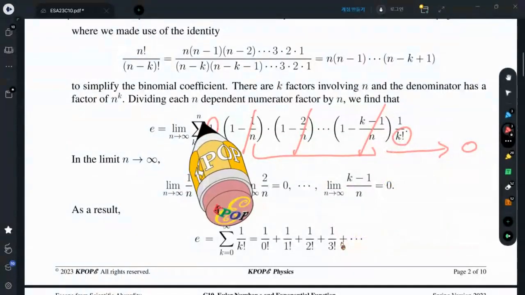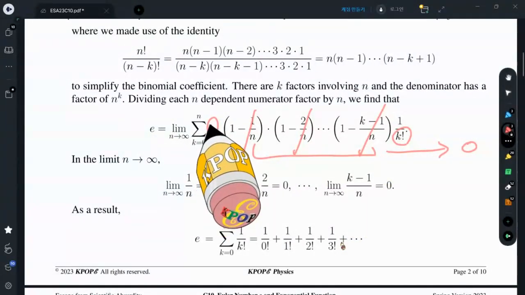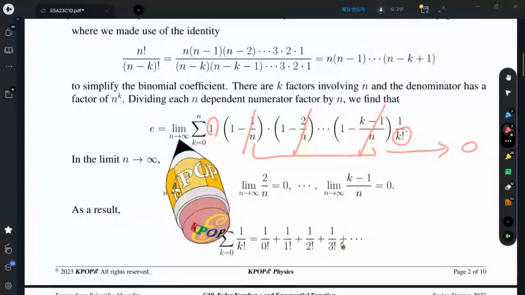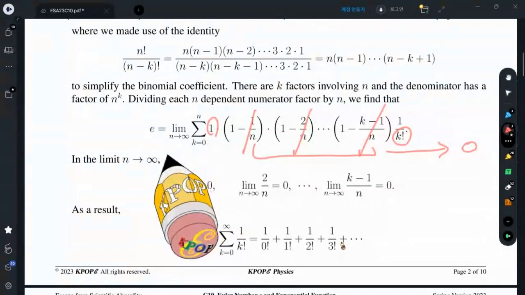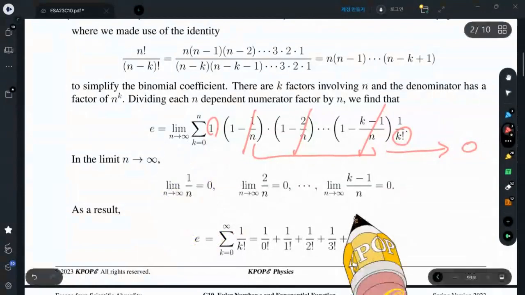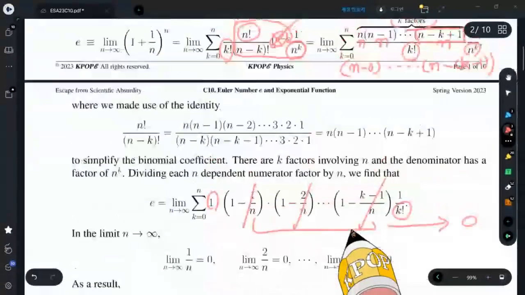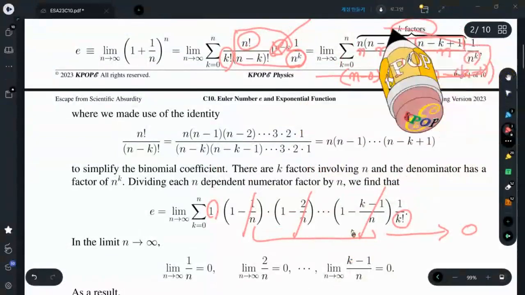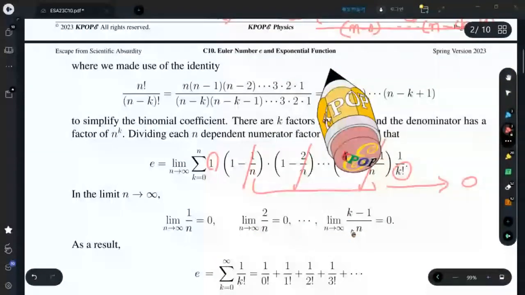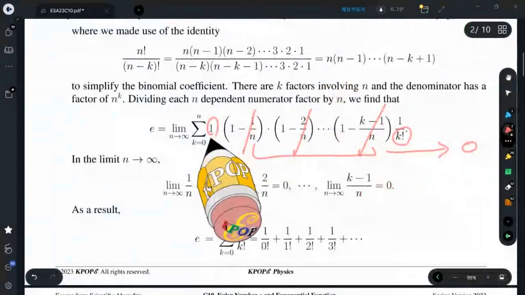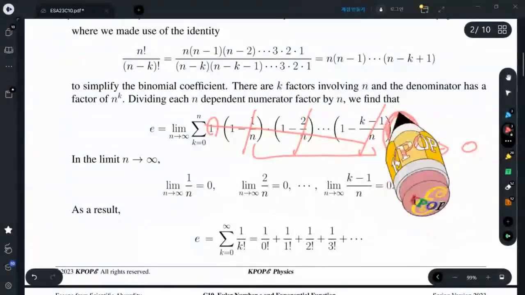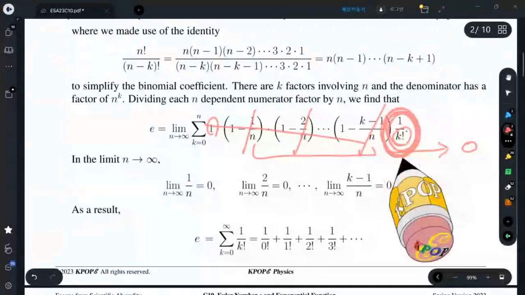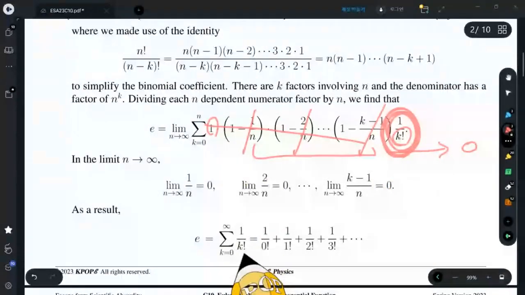However, we can never approach that point because n is going ahead to infinity in advance. So I can make a very simple expression. Simplification is allowed because everything is one and I have only a single factor in each term, that is 1 over k factorial.